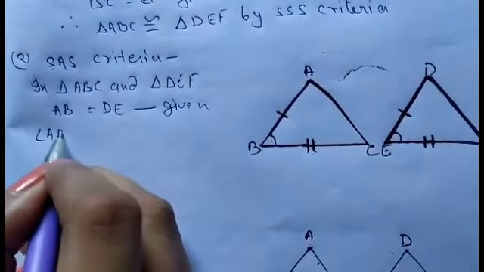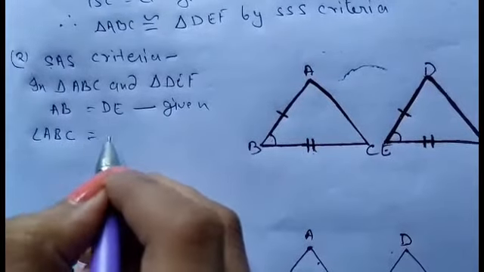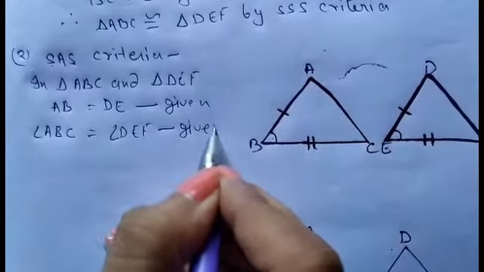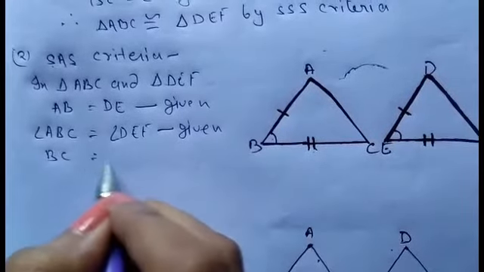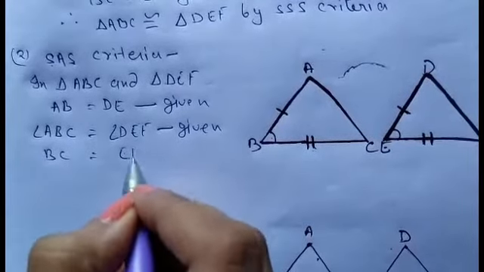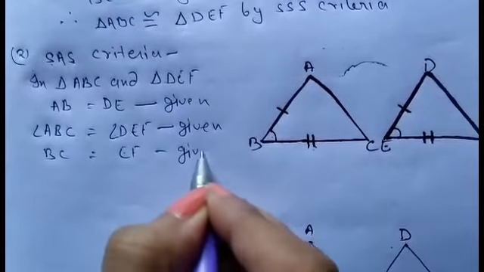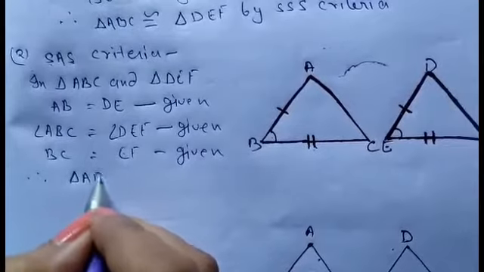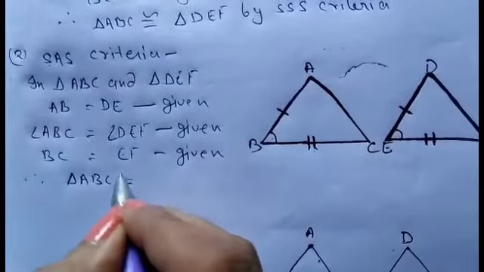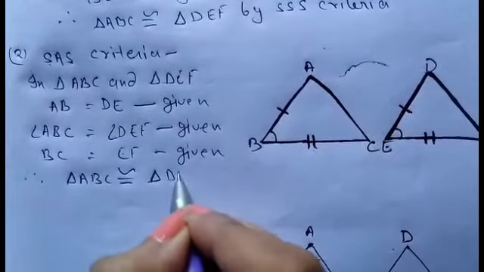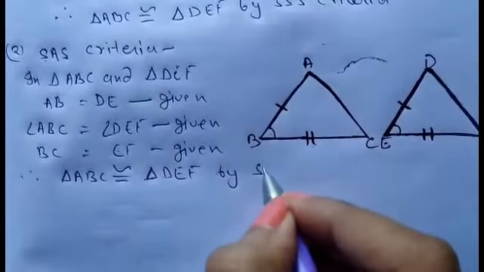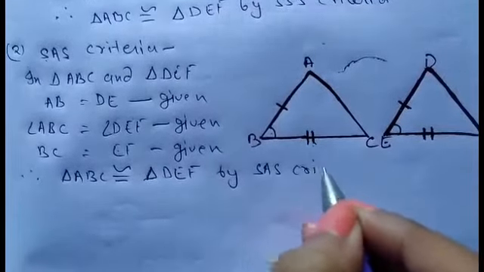Angle ABC is equal to angle DEF, given. BC is equal to EF, given. Therefore, triangle ABC is congruent to triangle DEF by SAS criteria.